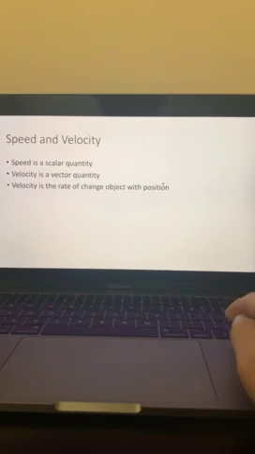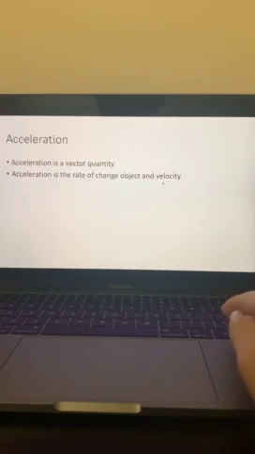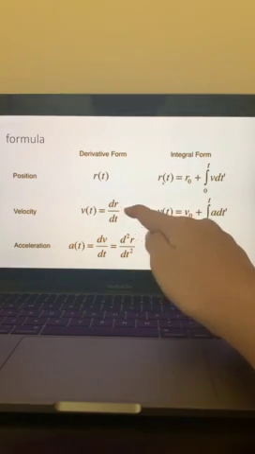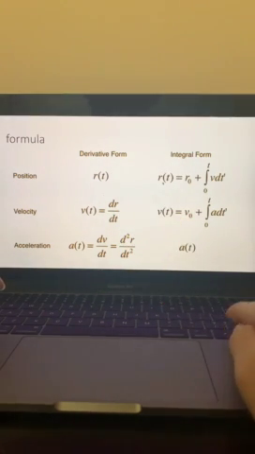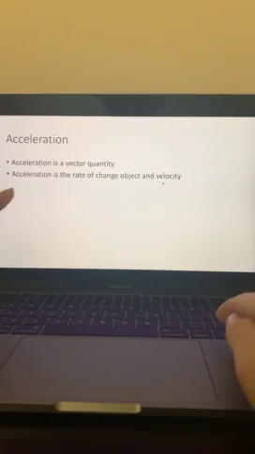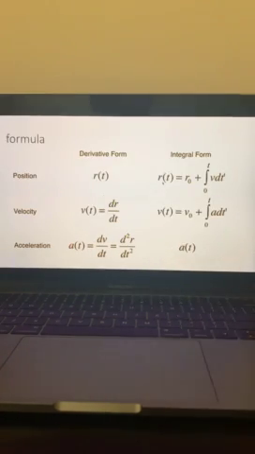To find velocity from position, you need to take a derivative, like here you can see r(t), and then v(t) equals dr over dt. To find acceleration, you need to take the derivative of the velocity, just like here.